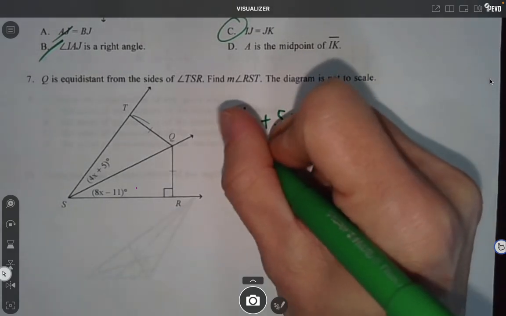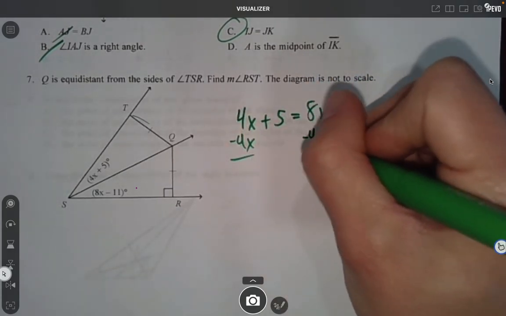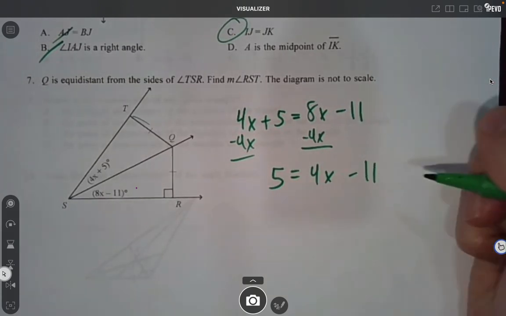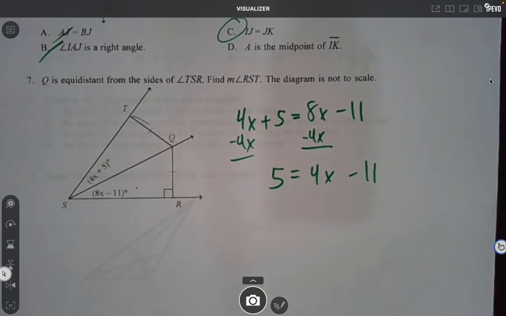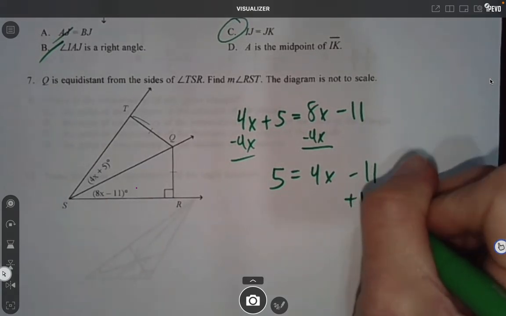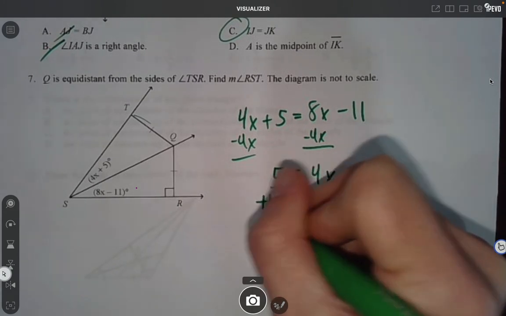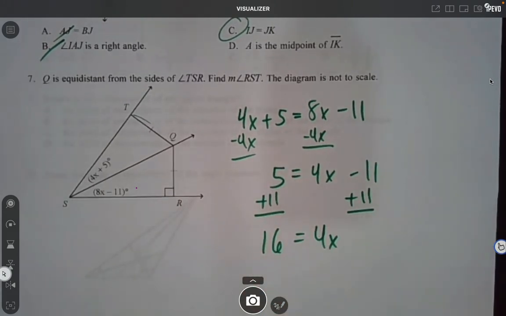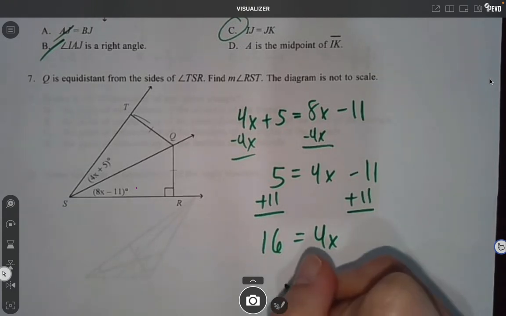Subtract 4x. 5 equals 4x minus 11. Then what? Plus 11. So I get 16 equals 4x. Then divide by 4 and x equals 4.